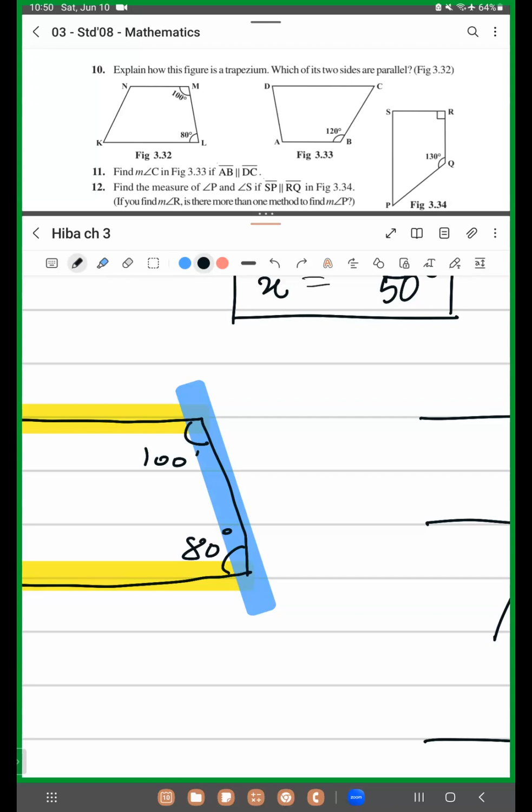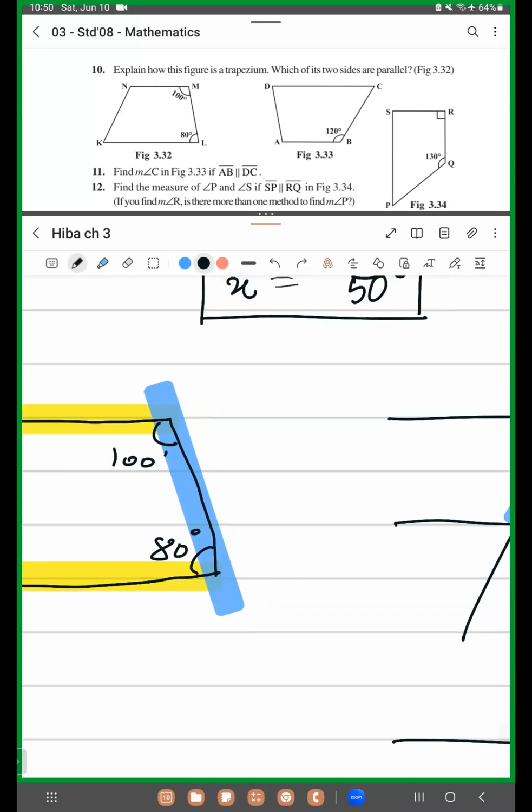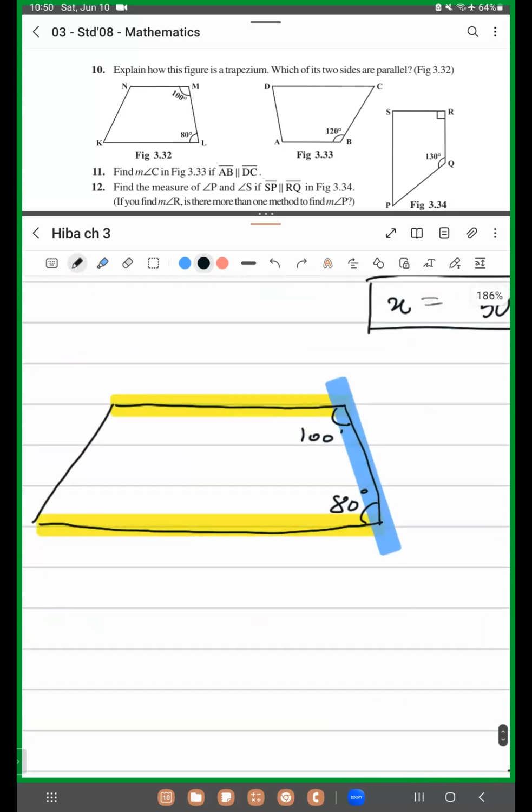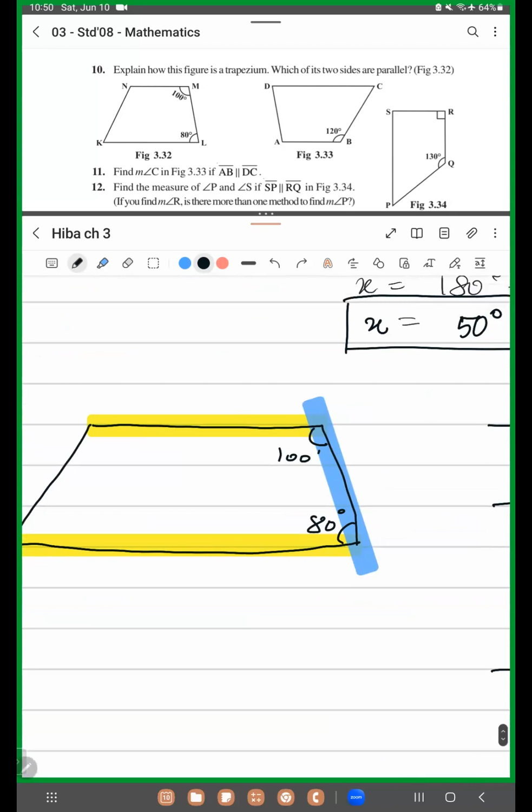Hiba, you hear me? Yeah. Okay. So since they are supplementary and this forms a transversal, hence we can say, let me just write it like this.